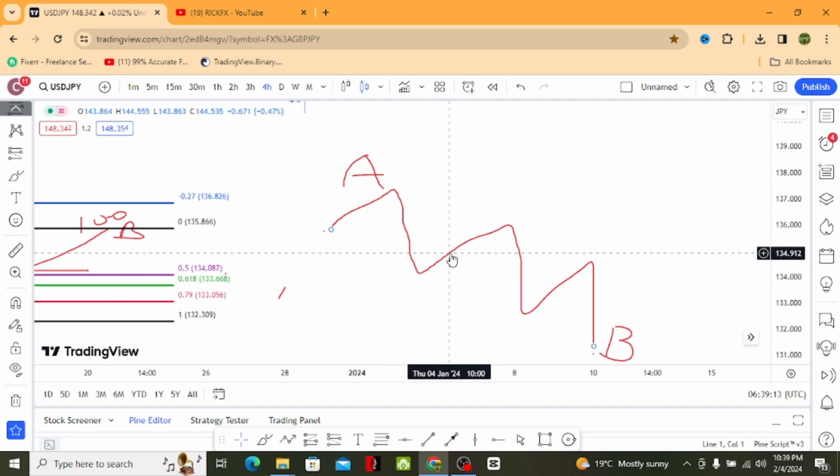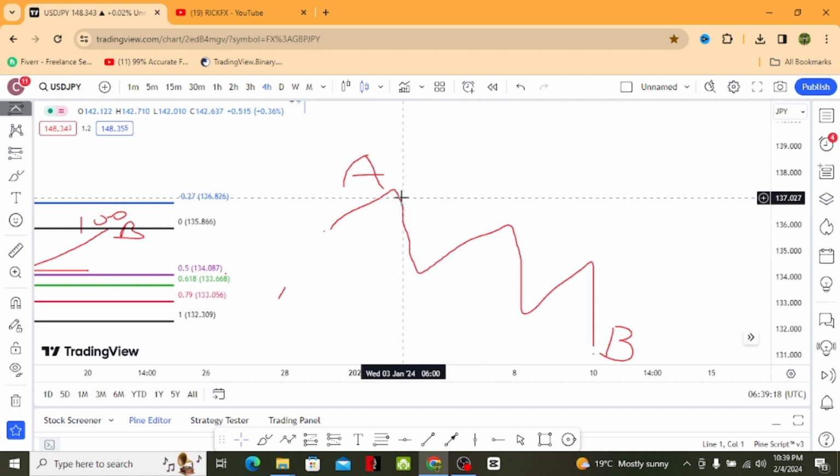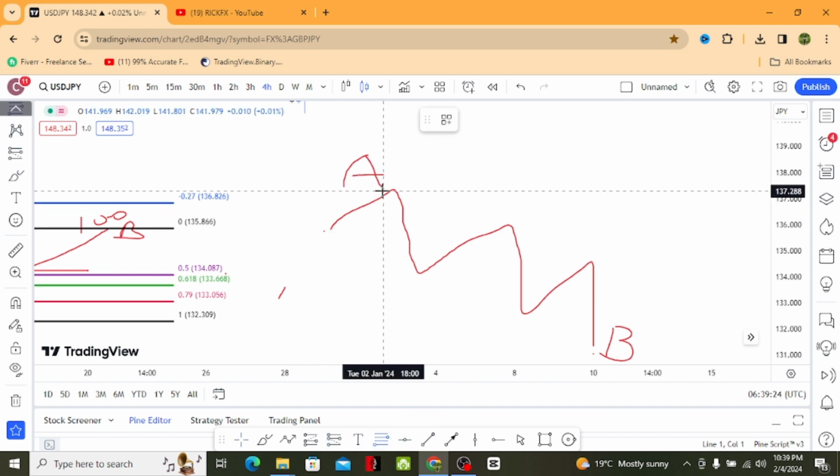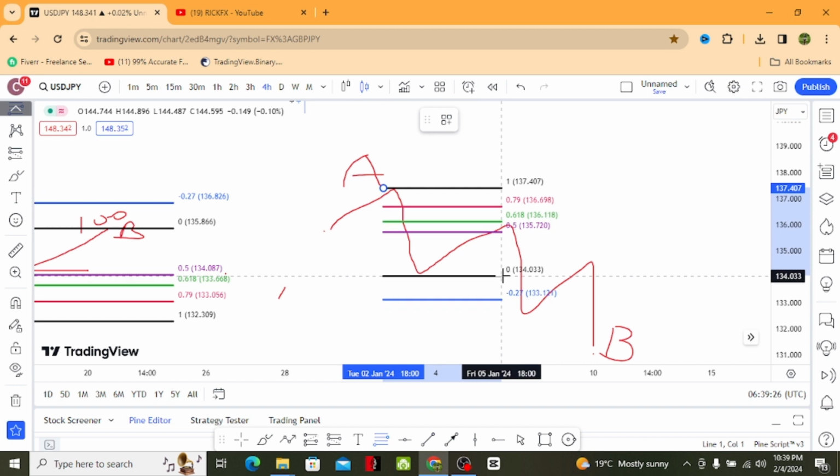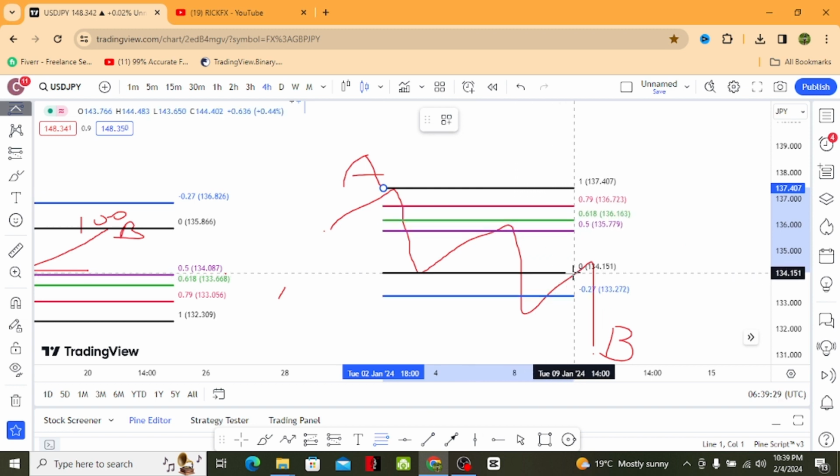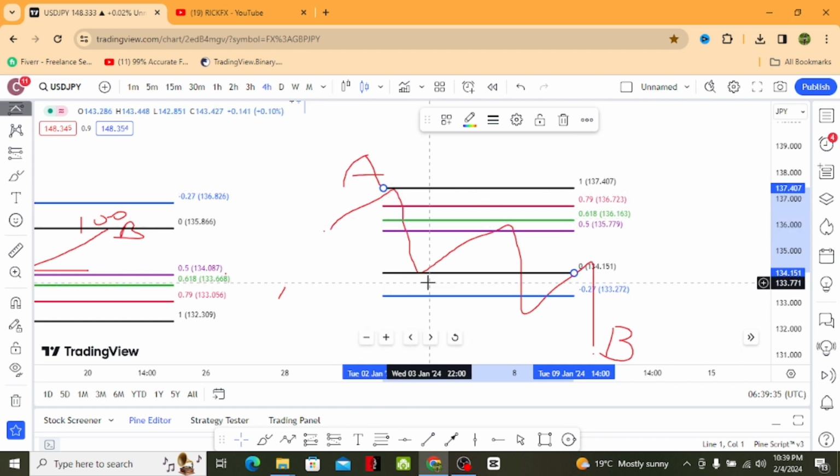So before I bring out my Fibonacci retracement tool, and when you are drawing the fib, don't forget, you draw from the left to the right. So I will now bring my Fibonacci retracement tool and draw from the left to the right. In a downtrend, you're drawing from the recent high to the recent low.